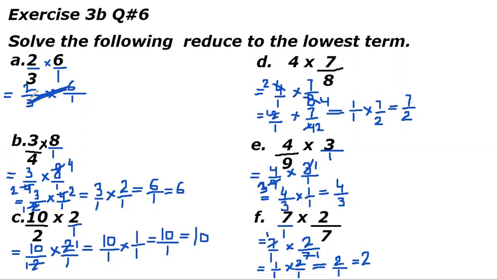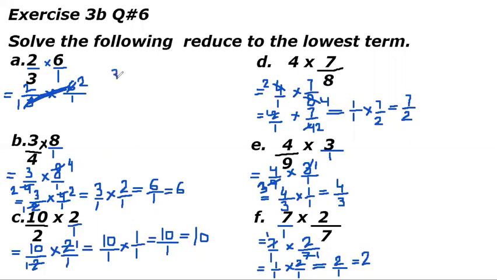So what we have to do, we have to change it into lowest term. We will cancel 3 and we will write 1. 3 times 1 is 3. We will cancel 6 and we will write 2, because 3 times 2 is 6. Why I have written 1? Because 3 times 1 is 3, and why I have written 2? Because 3 times 2 is 6.